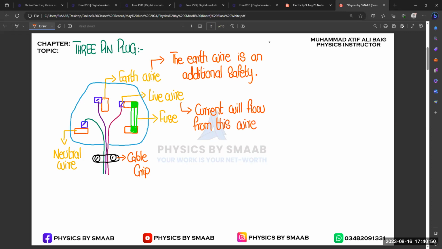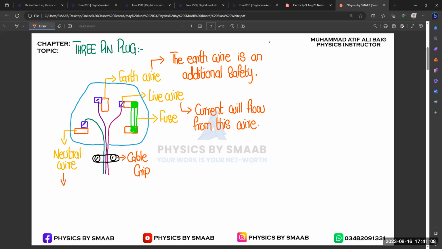And in a circuit we have a positive and a negative terminal. If we don't connect the negative terminal with the circuit, your circuit will be incomplete, right? So due to that, current will not flow into the circuit. For that purpose we need to connect the negative terminal also.